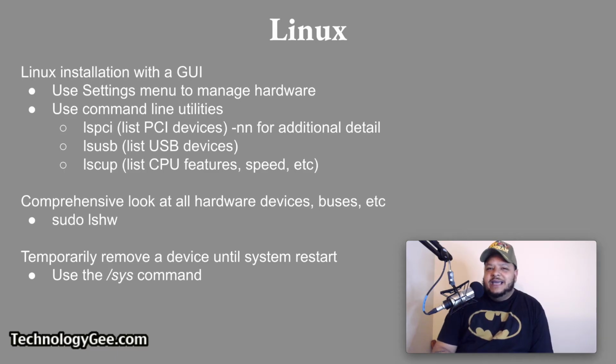Linux. If you are using a Linux installation with a GUI, a graphical user interface, you can use the settings menu to manage hardware. However, you will need to use command line utilities such as lspci, which stands for list PCI devices, -nn for additional details, lsusb, which stands for list USB devices, lscpu, which stands for list CPU features and speed, etc. For a comprehensive look at all hardware devices, buses, etc., use the command sudo lshw, which stands for list hardware.